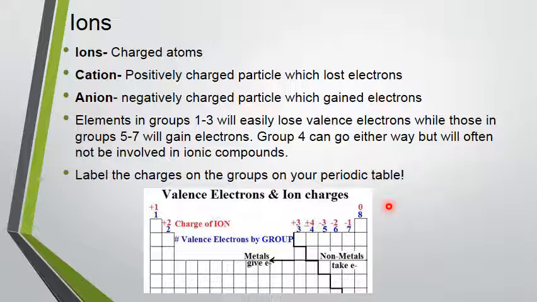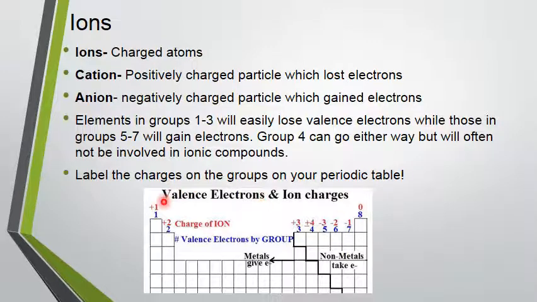Elements in groups 1 through 3 will easily lose valence electrons. Remember, things want to be like the noble gases in group 8 and have that full valence electron shell. So our elements in group 1, 2, and 3 will easily lose those extra valence electrons and go down to the next energy level where they have that full 8 electrons.